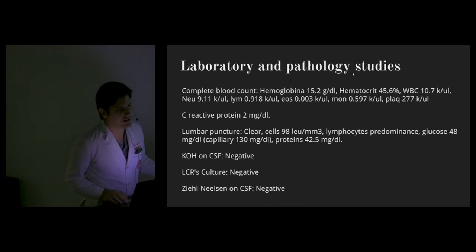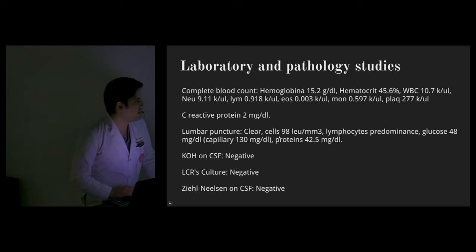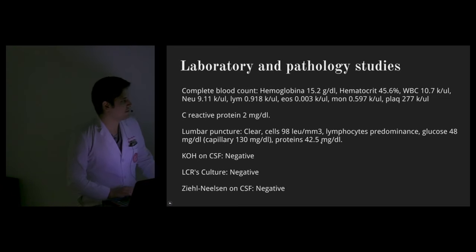This is the laboratories of the patient. I'm just gonna remark on the lumbar puncture that was clear. The cells were elevated with predominance of lymphocytes. The glucose was low compared with the capillary glucose, and the proteins were at 42.5 milligrams per deciliter.